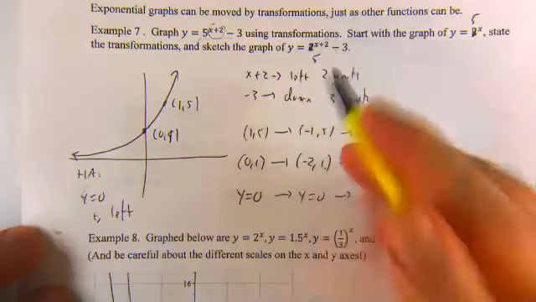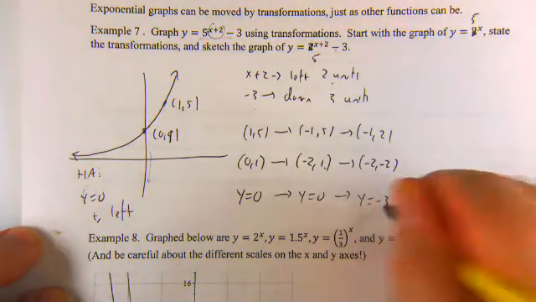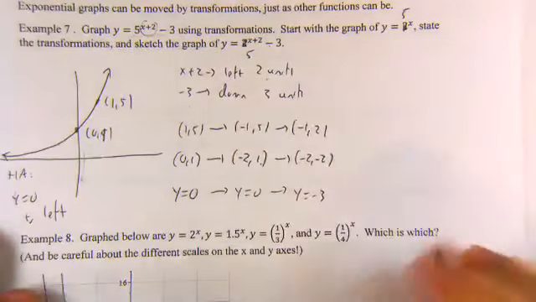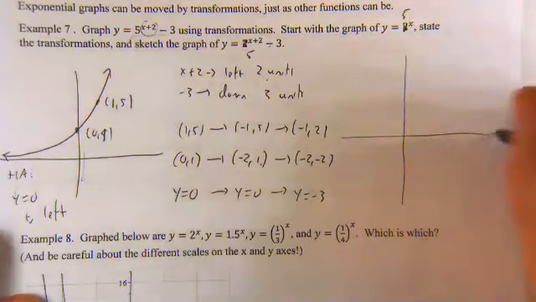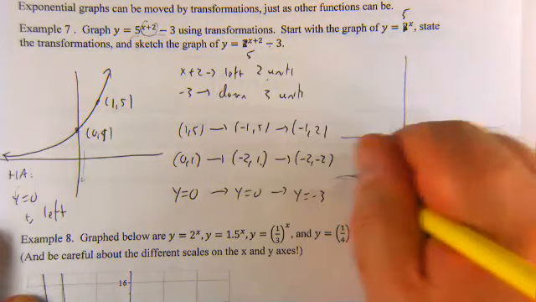Moving it down, though, that does change it. So that'll be going down 3 units, giving y equals -3. So what does my new graph look like? It's got a horizontal asymptote at y equals -3 out to the left.